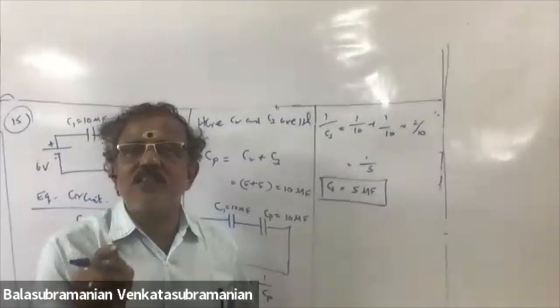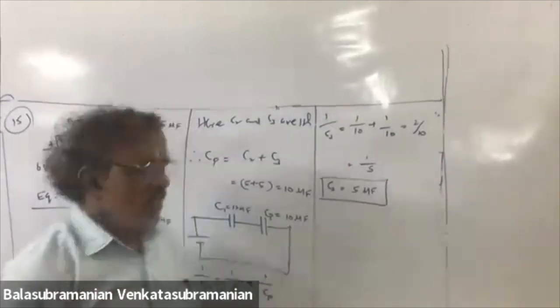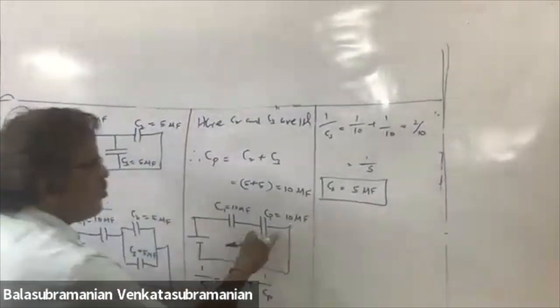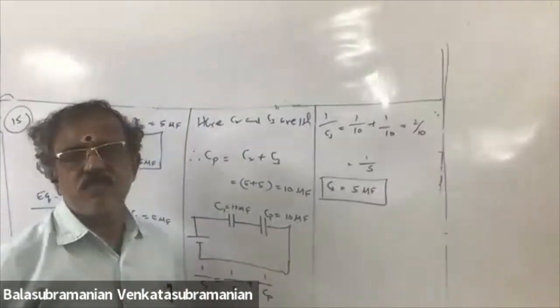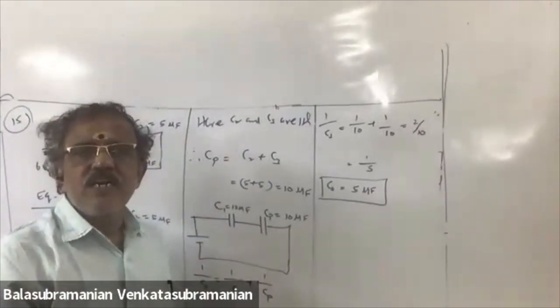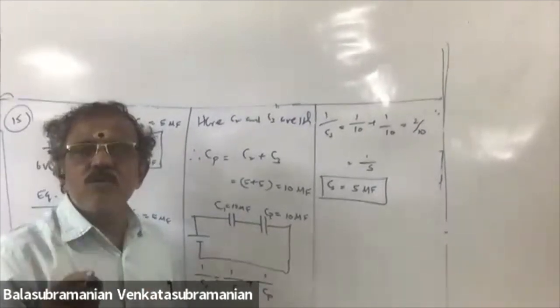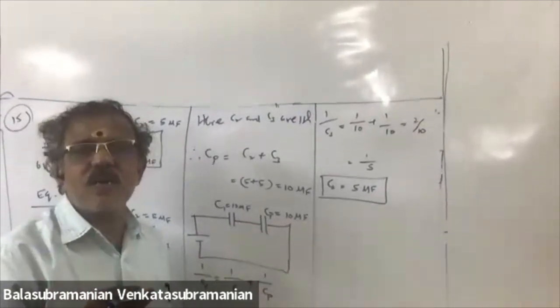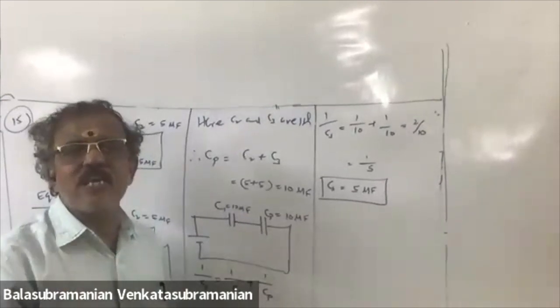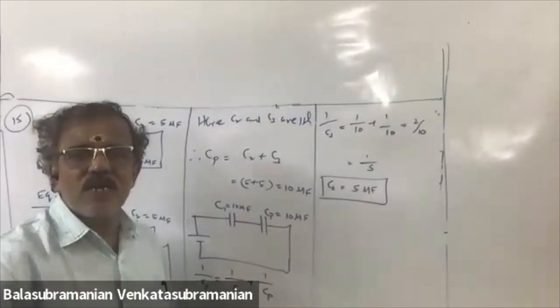Question is, you have to calculate the charge. In series circuit, charge is same. In theory of studies, capacitors when connected in series, the amount of charge stored in the capacitors are equal.